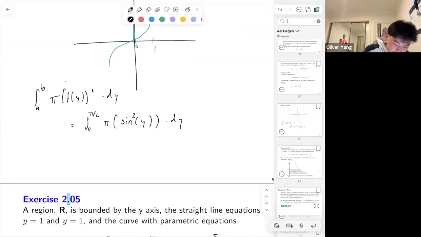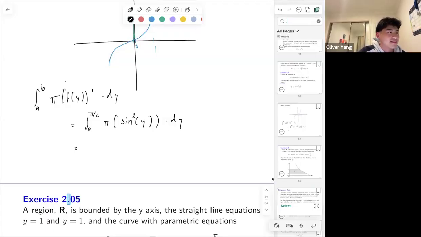So we're just going to do this, and you're going to have to use a trig identity. Because it's even, what do we want to use? Let me get the formula book out. A double angle identity.